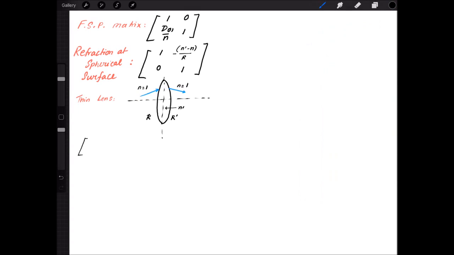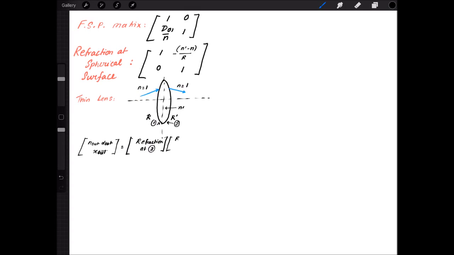The matrix will be n out because we have to look from output towards the input. So n out, alpha out, x out equals, the first matrix will be for refraction at the right spherical interface, so let me name this interface as 2 and this one as 1. So refraction at 2.